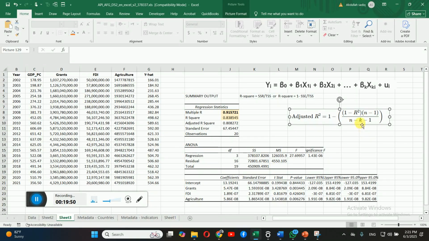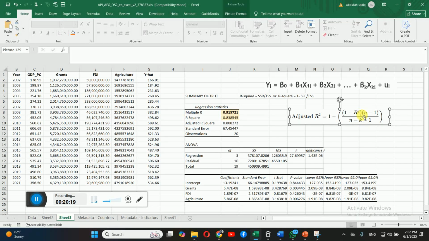When you increase the k, that is subtracted from n, so you will have a smaller denominator. If this k is sufficiently increasing the R square, and the R square is subtracted from 1, and this is scaled by the degrees of freedom, it means when the R square value is higher, the numerator will become smaller. The proportional decrease in the numerator is higher than the proportional decrease in the denominator.